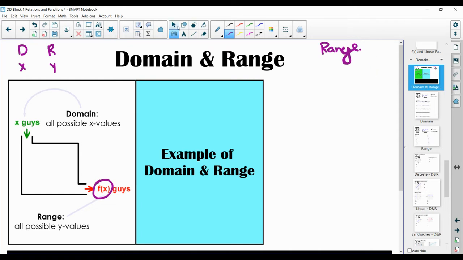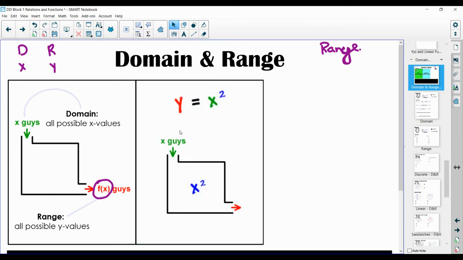So let's take a look at an example here. I have a function, y equals x squared, and what I'm asking myself is, what are all the x values that I could put into that function? And then for range, I'm going to be asking, what are all the y values that I could get? If I start asking myself what values can I put in, any number that I choose, if I plug it in, it should give me an output. So if I plugged in 1, 1 squared would give me 1, 2 squared would give me 4, 3 squared, and so on.